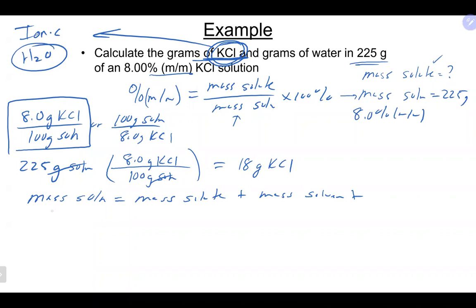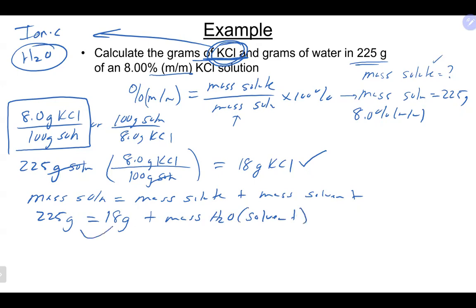So the mass of the solution was 225 grams. The mass of the solute we just calculated was 18 grams, plus the mass of the water, which is our solvent. You're just going to subtract the 18 to the other side, and that gets us 225 minus 18. Looks like we end up with 207 grams of water.